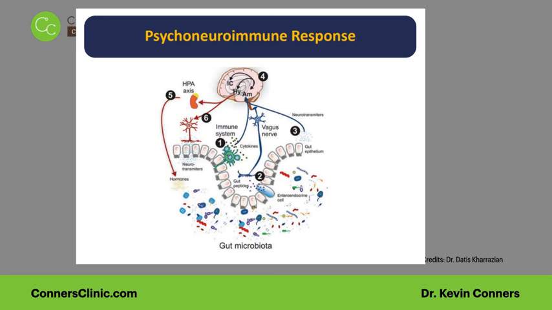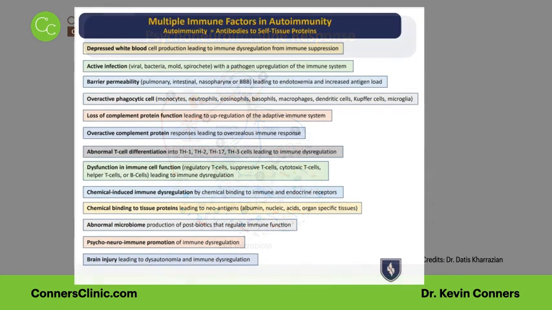So there is just such a cascade of problems that happens when we talk about autoimmune issues that it's not a simple thing to deal with. You have to look at as many different factors as possible if you're going to really see success in dealing with autoimmune disease.